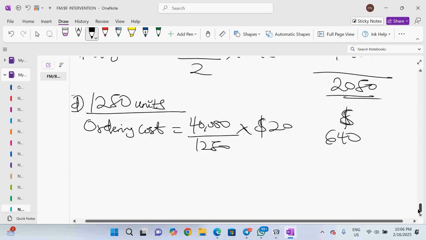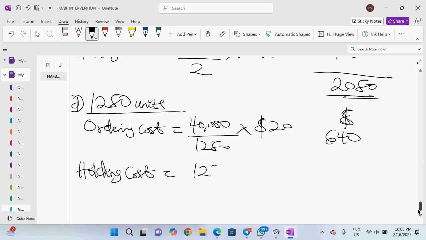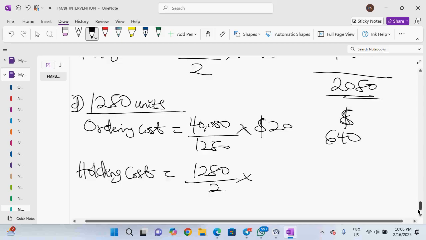That's given us $640. And then what is the holding cost? Holding cost will be 1,250 over 2 times 2.5. What is that giving us?